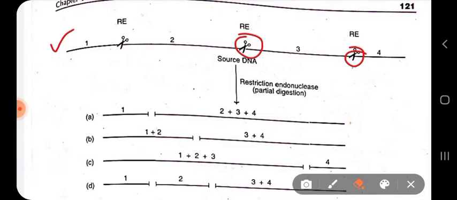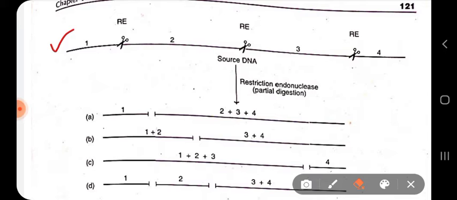The cuts occur at different sites and result in different DNA fragments of varying length; some fragments will be large, some will be small.